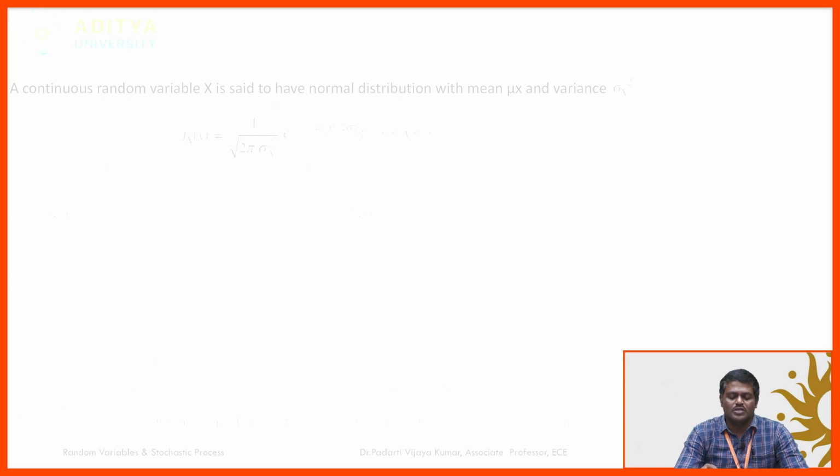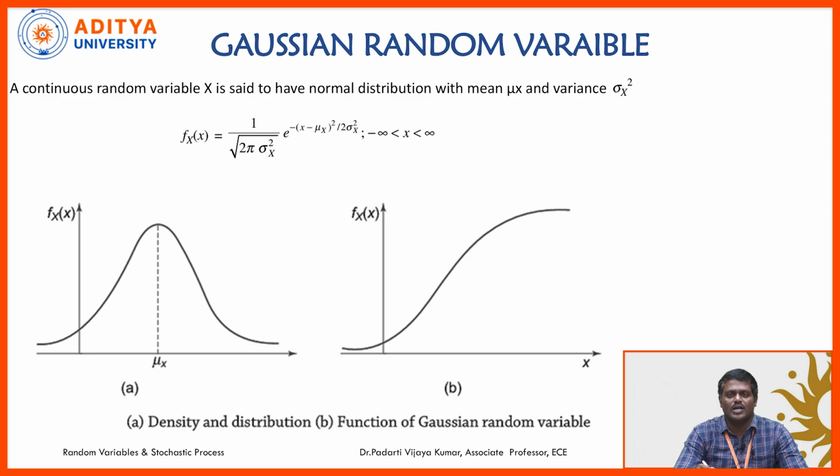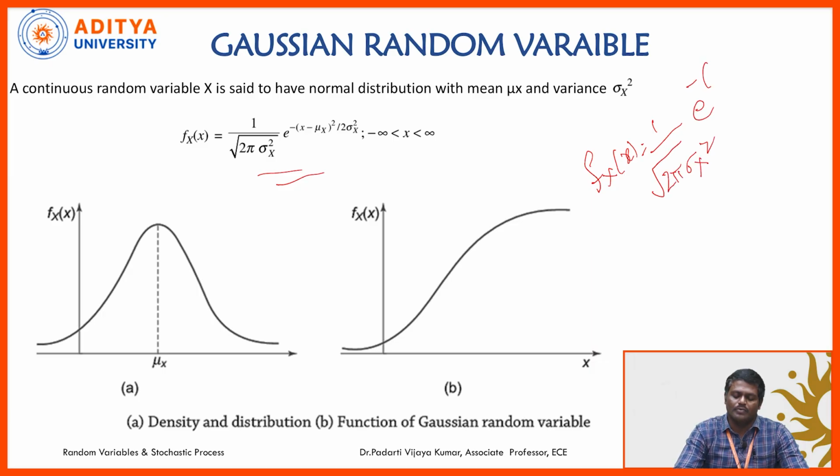Okay. So, firstly we will see what is meant by a Gaussian random variable. A random variable is said to be a Gaussian random variable if it has the following density function. The density function is f_X(x) = 1 / (√(2π) σ_X) e^(−(x − μ_X)² / (2σ_X²)). Here σ_X² is the variance of the random variable and μ_X is the mean of the random variable.